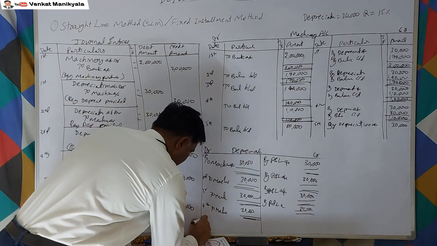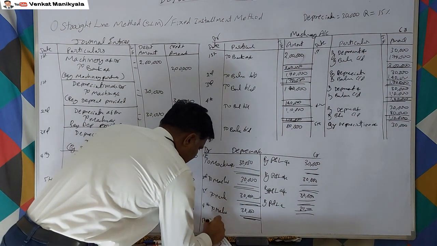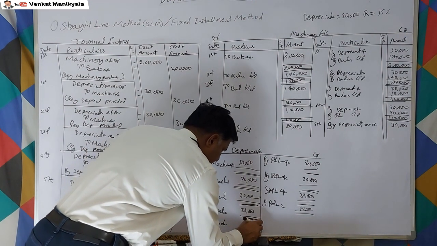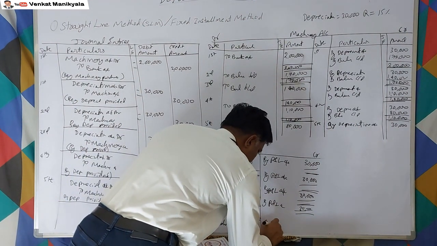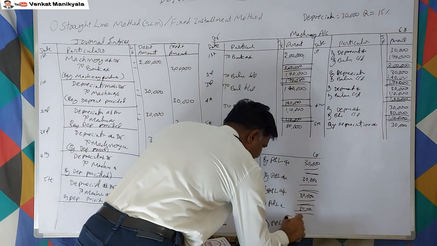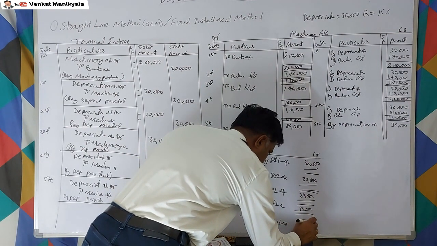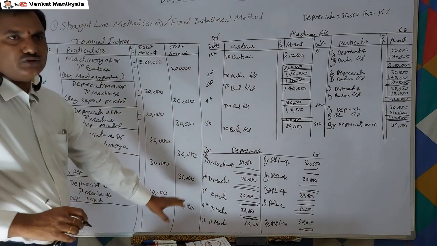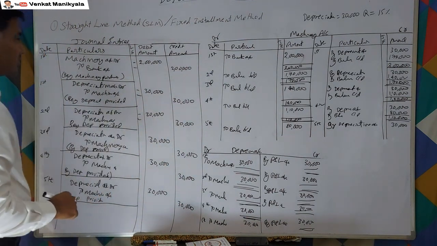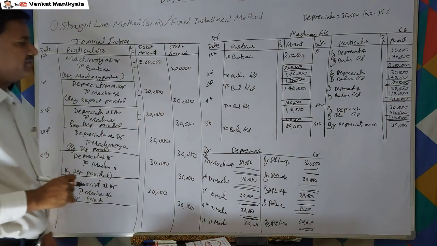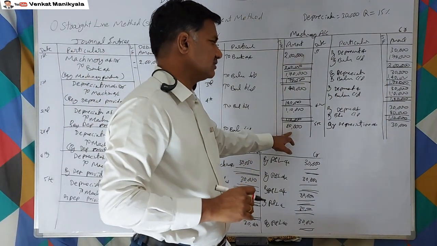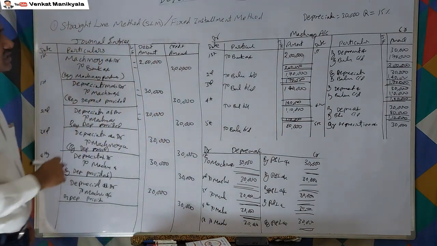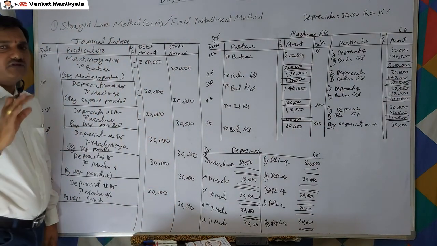On the fifth year also to machinery account 30,000, so that also we have to transfer to P&L account, right? 30,000. There is no difference in depreciation account, so that will be closed for 5 years. Now the machinery has how much balance? 80,000 balance. Depreciation we have provided 30,000. We have estimated the scrap value on the fifth year is 50,000, right?